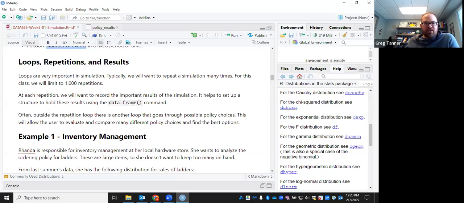And then the other thing is that often outside the simulation loop, we're going to also be looping through policy choices. Okay, things that change how the simulation runs to then hopefully narrow in on what is the best policy choice, right? How much inventory should I aim to have on hand? Or how many servers should I have in my queuing system?